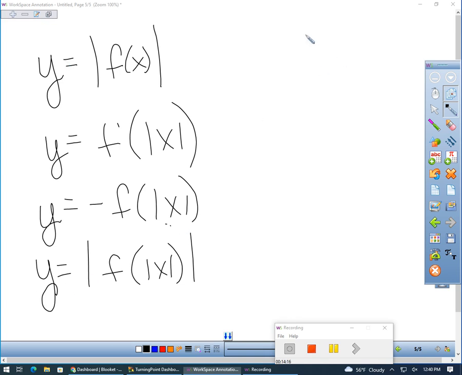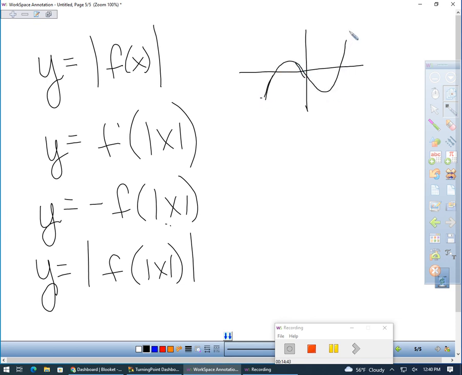So if I have a function that looks like this, I have a couple sections that are in the negative world right now, right? They're below the x-axis. This simply means that I have to make them positive. So I'm going to take my graph, and anything that was negative, I have to move to the positive. Here it went negative, I have to move it to the positive. That's it.